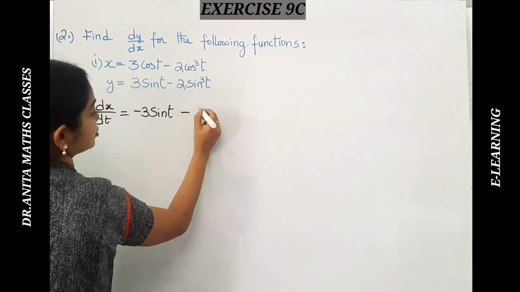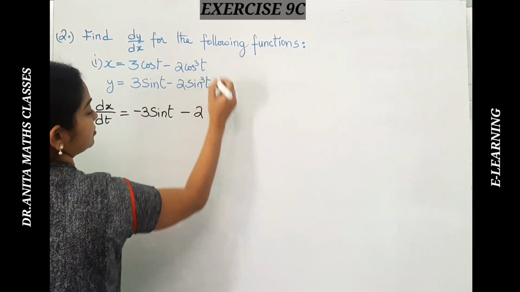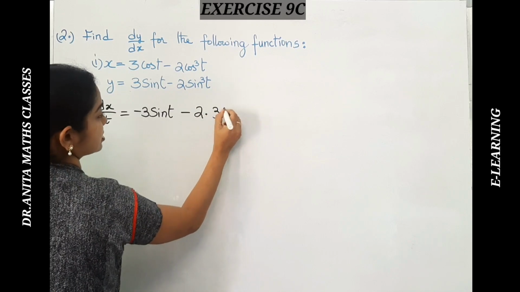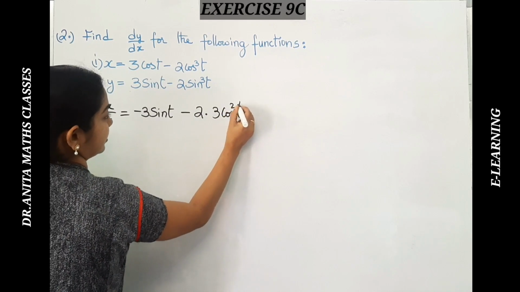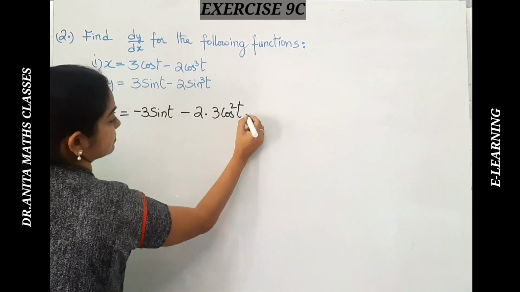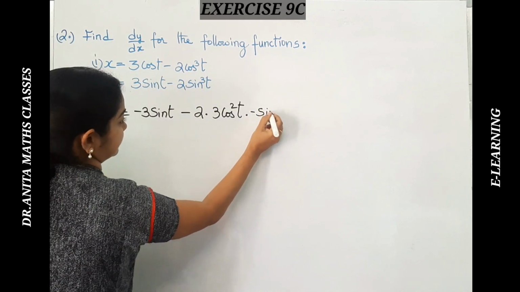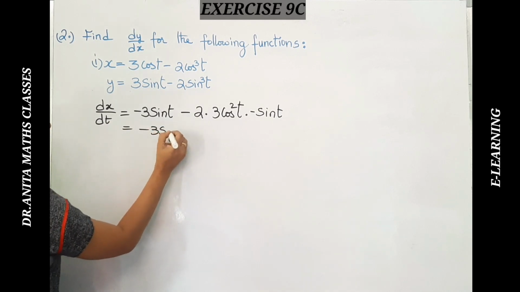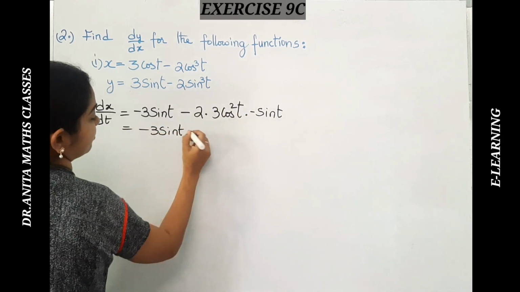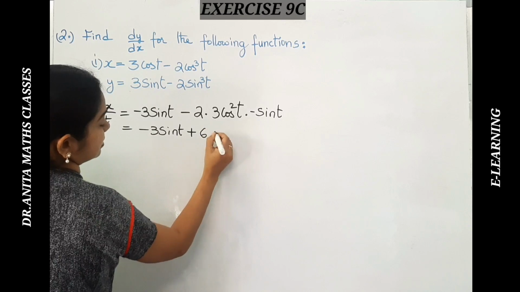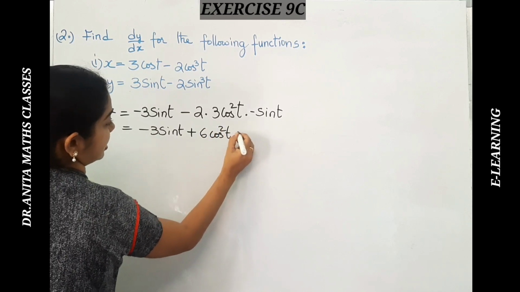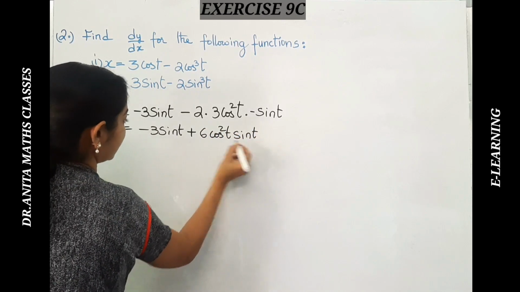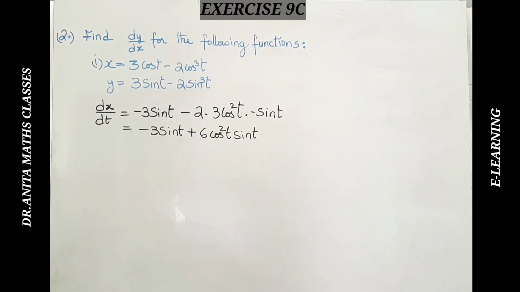Minus 2, here cos cube t gives 3 cos square t, and again the derivative of cos t is minus sin t. So this I can write as minus 3 sin t, minus of minus is plus 6 cos square t sin t. There is a common factor, we can take it out.